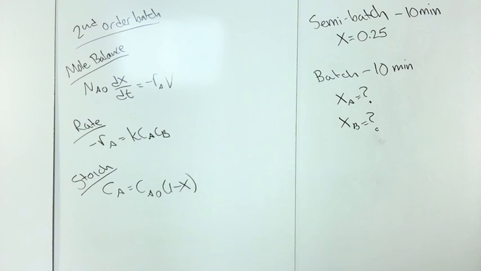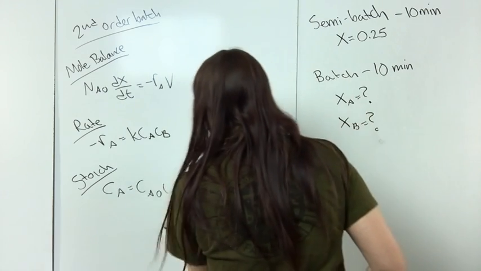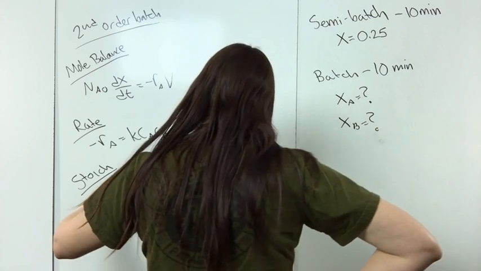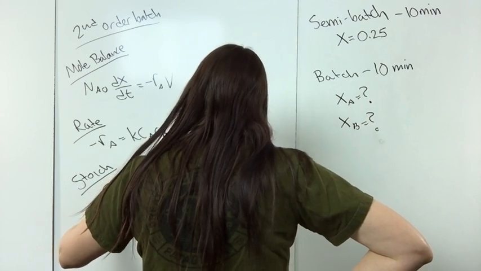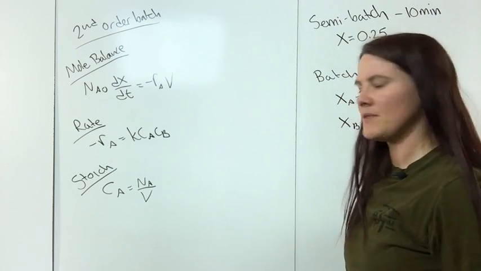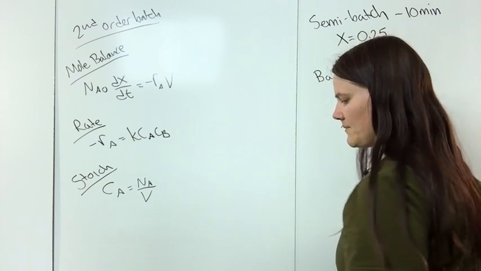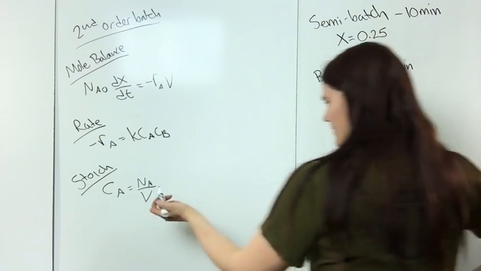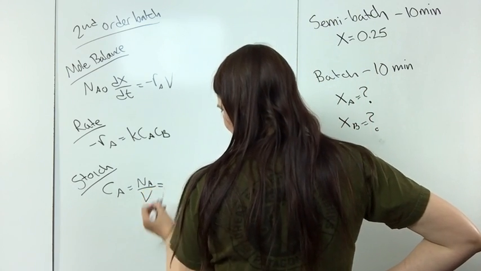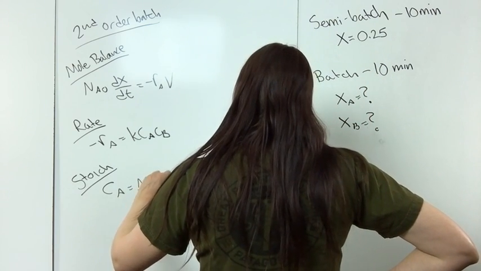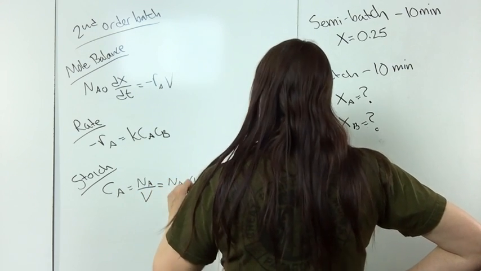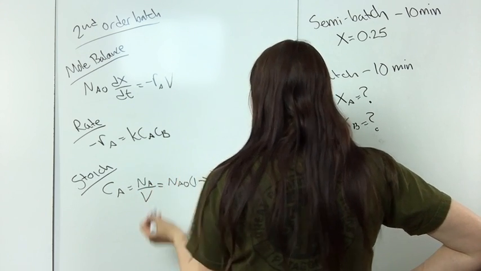Now I'm going to take a step back real quick. So C_A is equal to N_A over V. If you remember, that's what we had for the semi-batch. And this is what it is for this too, but the difference is, we know that N_A is equal to N_A0 (1 minus X).